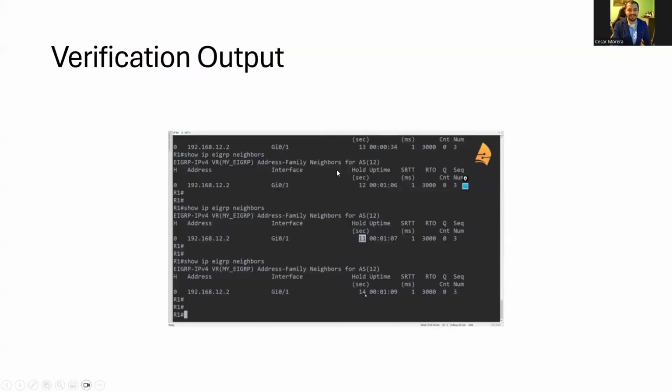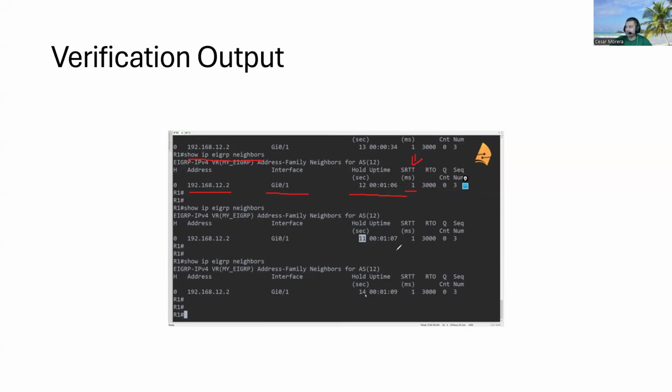And here we have an output of the show IP EIGRP neighbors. If you can take a look at this one, let me just change the color here for a moment. And this is what we have. Show IP EIGRP neighbors, and we have the IP address, the interface, the uptime, and some additional information like the milliseconds SRTT that we will learn about in a few minutes.